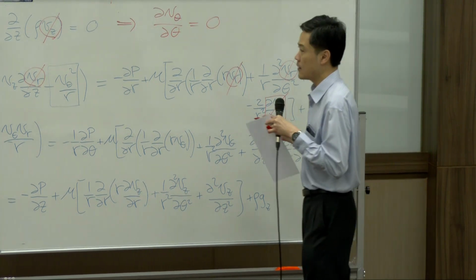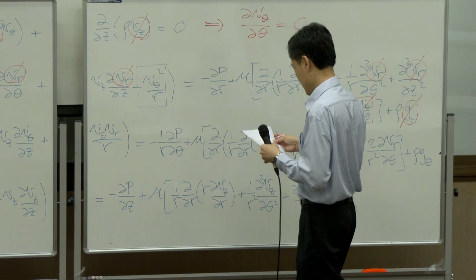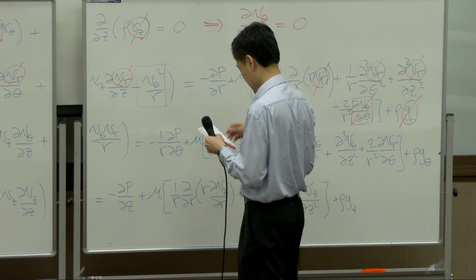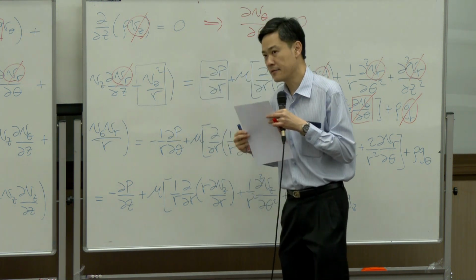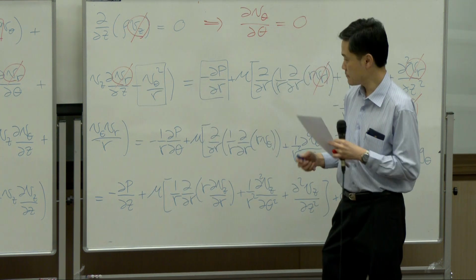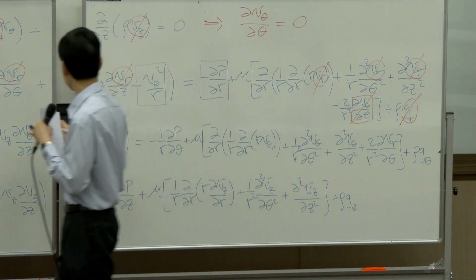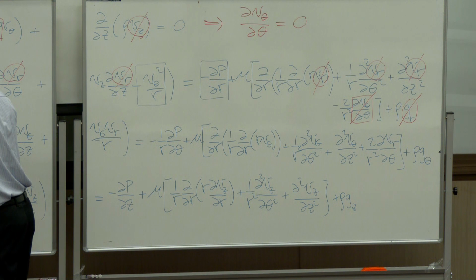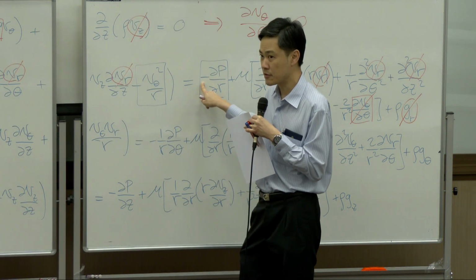Okay? So from our equation, what you will have would be these two terms, pressure and the V theta term over R. So if I write it down, you will have rho V theta squared over R equal to dP by dR. Minus sign here and minus sign there cancel out.